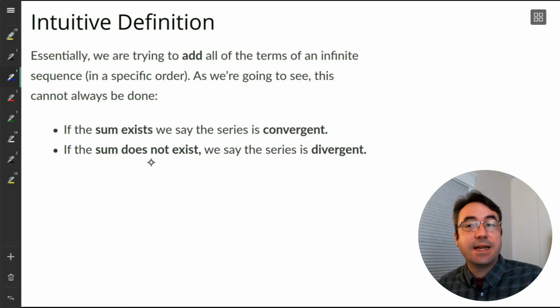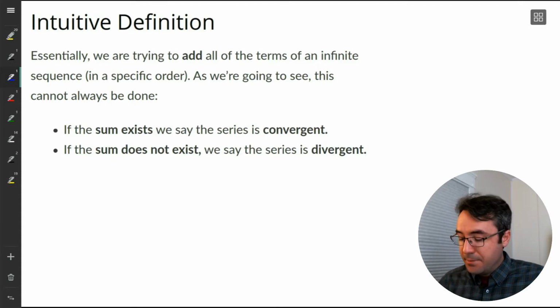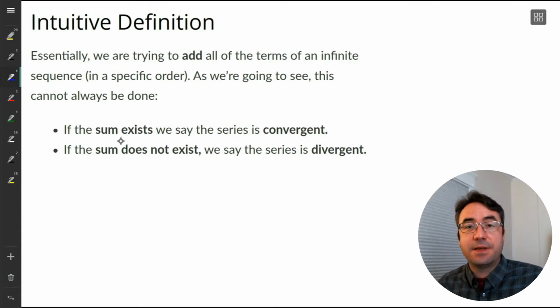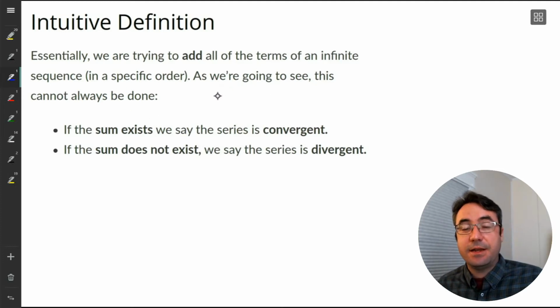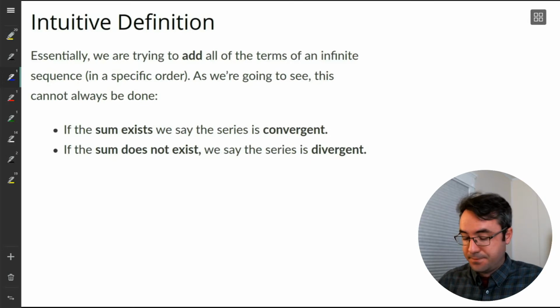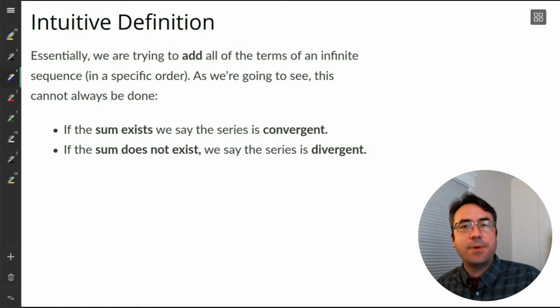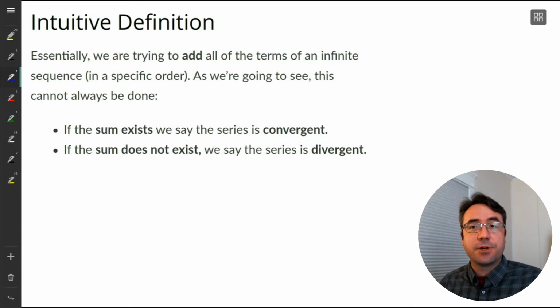If the sum does not exist, we say the series is divergent. But if the sum does exist, if we get lucky and we can actually add up all those terms, well, then the series is convergent. So when we talk about an infinite series, we really have to be careful how we add the terms together. It's going to take some thought on how we actually add up an infinite number of terms.